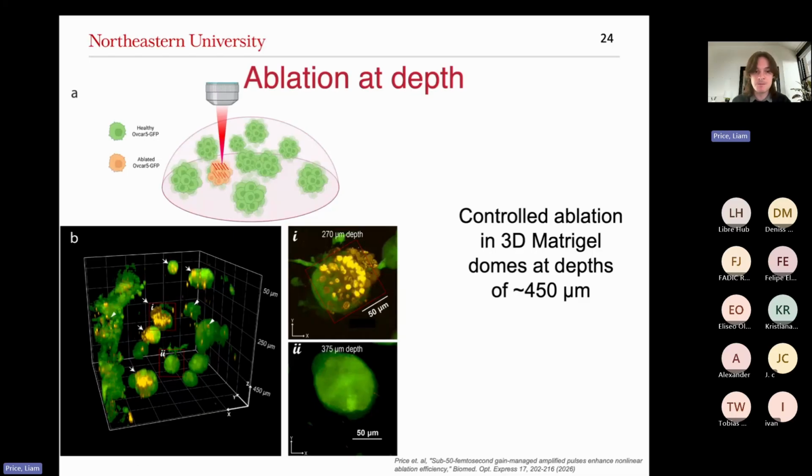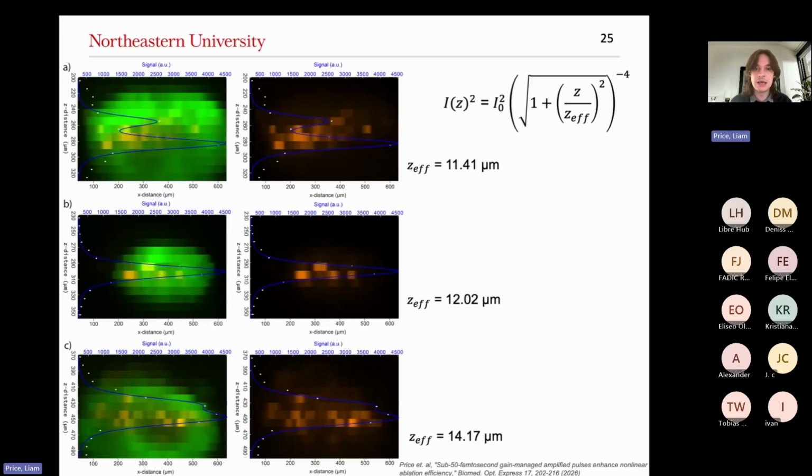And so we were really happy with this, but given that we're doing this with the overall idea of being able to do a surgical process, we wanted to look at how well controlled this process was. So we looked at the planar scans of these spheroids and fit the intensity of the PI dye again to the square of the intensity profile of the beam itself.